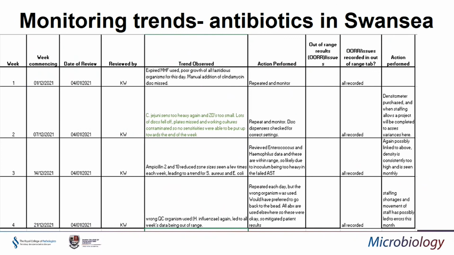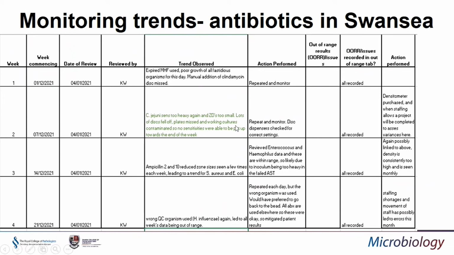Monitoring trends. This is for antibiotics in Swansea. We log all of our antibiotic data every day. Every day we test it, and then we review anything out of range. I normally do a monthly report for our trend analysis meeting in Swansea and comment on some of the issues that we're seeing.